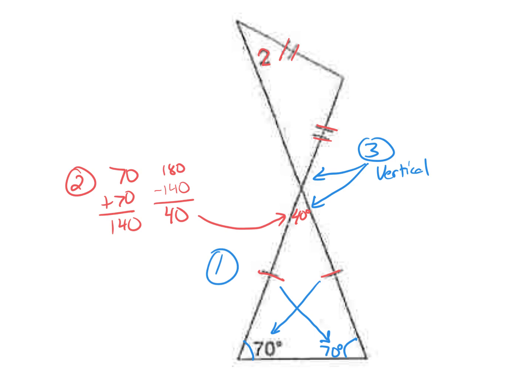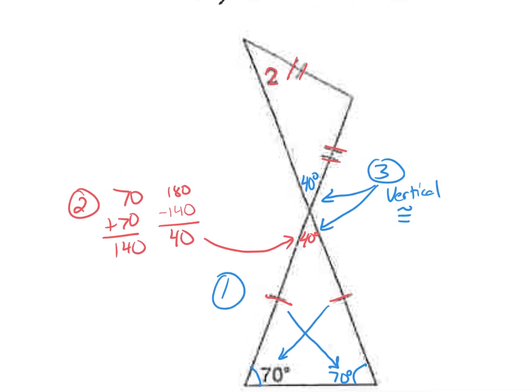Are they congruent or are they equal 180? They're congruent. So if the bottom one's 40, this other one's got to be 40 as well. Okay, you see how we're just figuring out one angle at a time, working our way up all the way to angle 2.